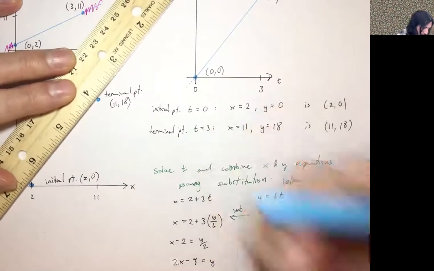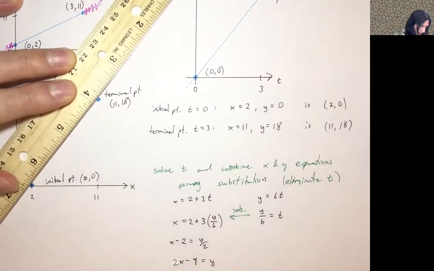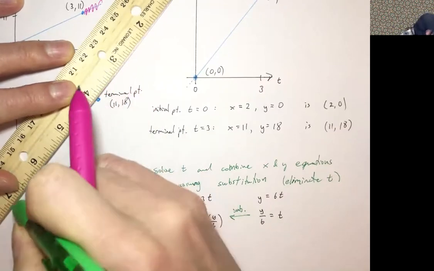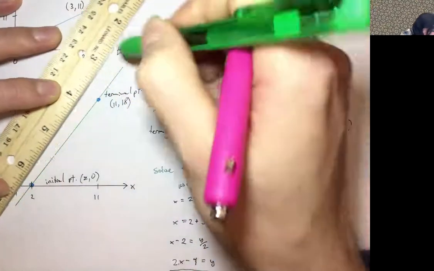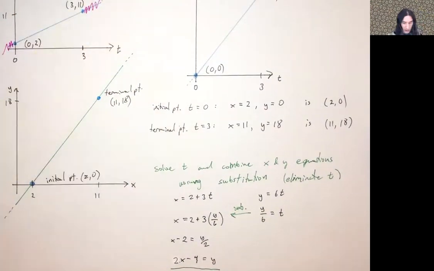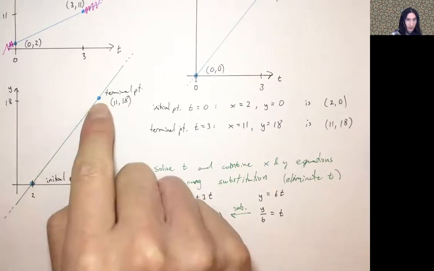Technically speaking, the line that I have graphed right here, let's underline it in green, would actually be the whole line off to plus or minus infinity. Okay. Now, obviously, that's not what we have here because we have an initial point and a terminal point.